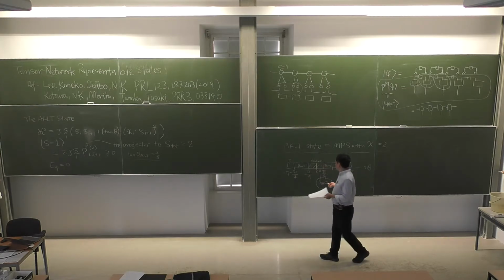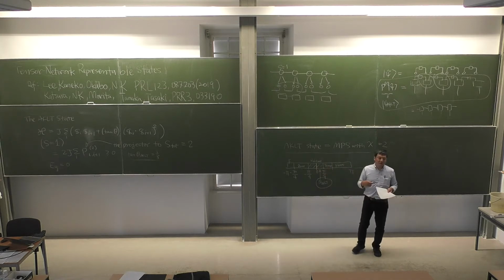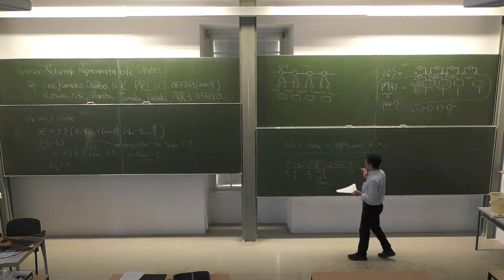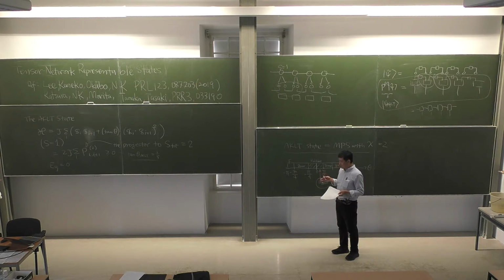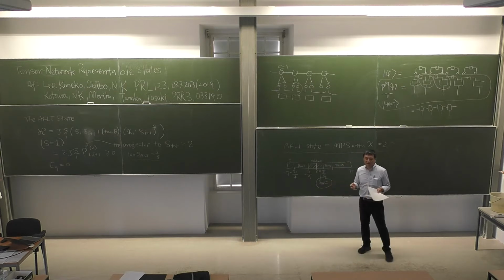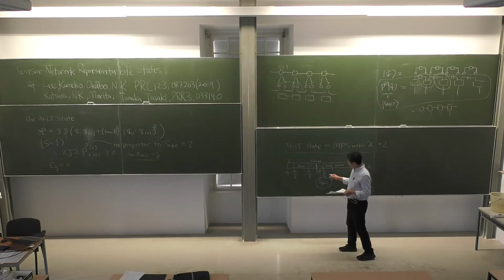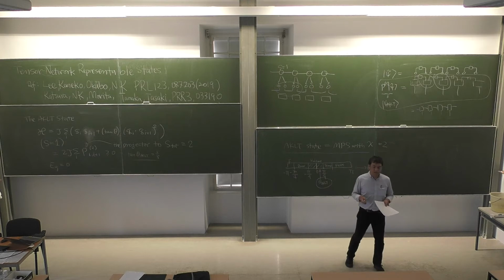On the other hand, to express the Haldane state exactly, we need infinite bond dimension. Of course, a very good approximation can be obtained within a finite bond dimension, but an exact representation is something different. But the important fact here is that the Haldane state, although it cannot be expressed exactly by a finite bond dimension tensor network, is smoothly connected to the AKLT state, which can be represented by a finite bond dimension.